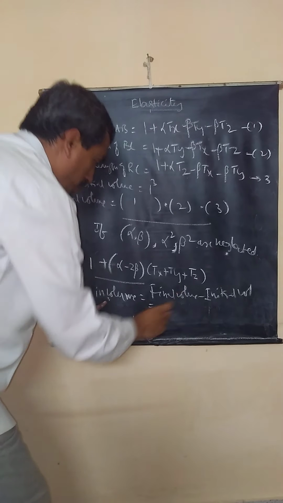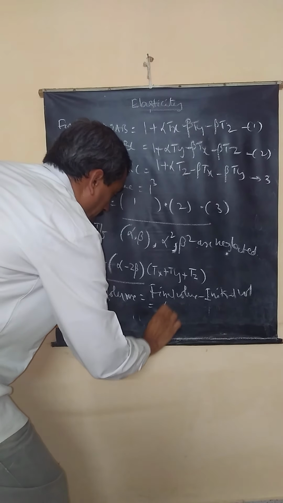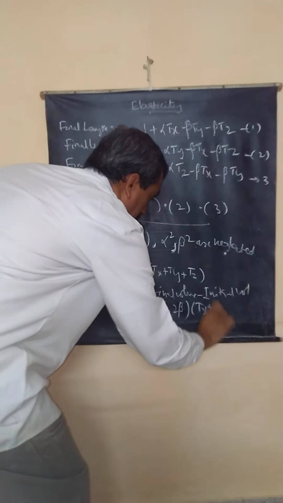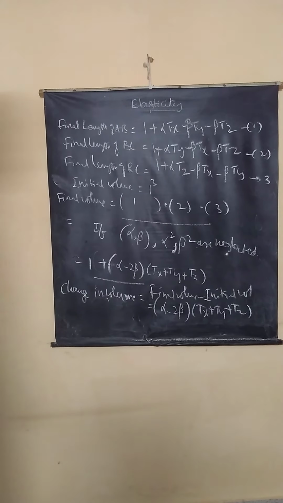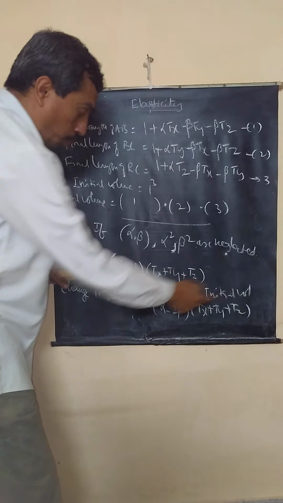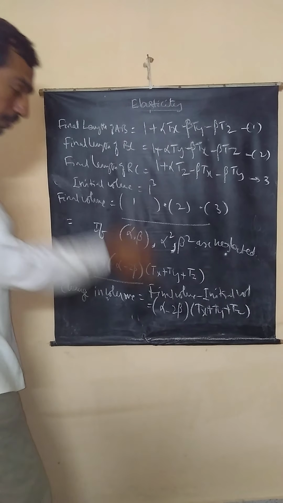So this minus 1, it will be alpha minus 2 beta into Tx plus Ty plus Tz. Is it clear? This is the final volume minus 1, so 1 will cancel, and you get this.